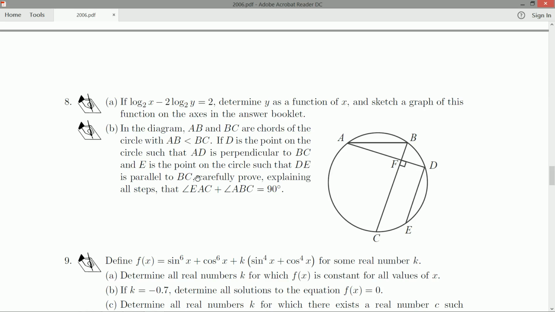I guess we'll just be a little more accurate than I usually am, that angle EAC plus angle ABC equals 90 degrees.